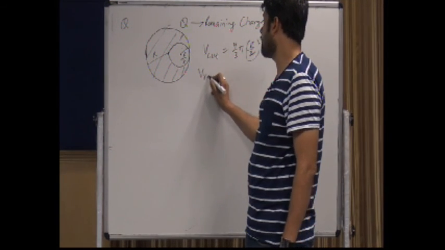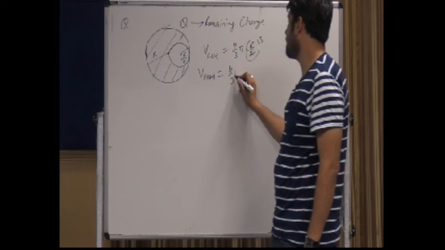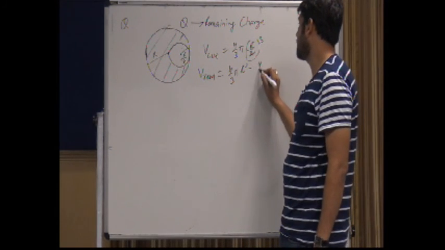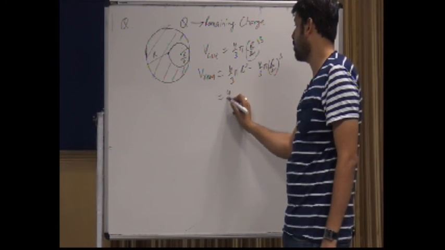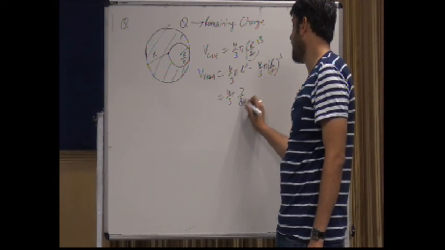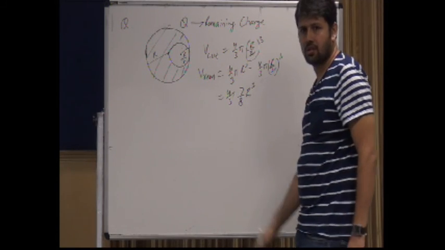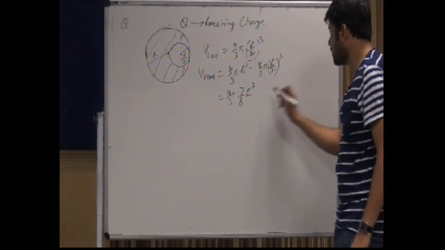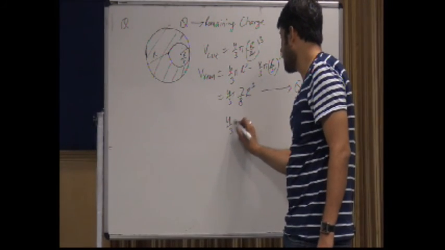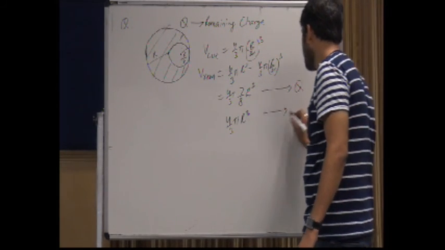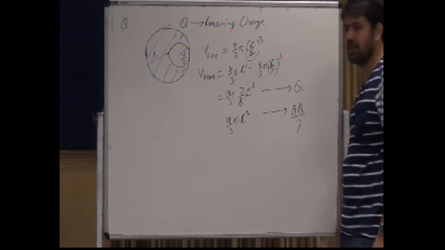So volume remaining would be how much? 4 by 3 pi R cube minus, this would be 4 by 3 pi 7 by 8 R cube. So this volume has charge Q, which means 4 by 3 pi R cube volume would have charge how much? 8Q by 7.